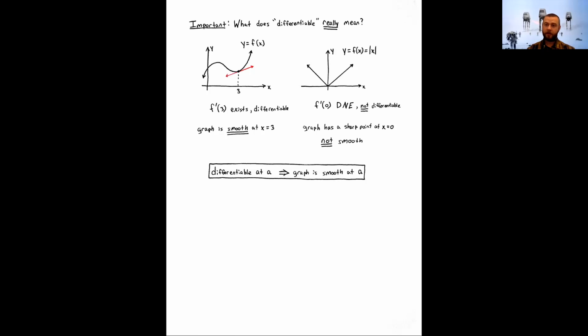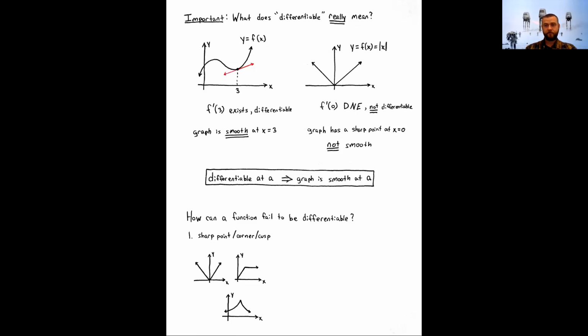All right. Now that we have a basic understanding of what differentiable means, a graph being smooth, a function could be not differentiable due to a sharp point. Let's take a look at the other simple ways a basic function could fail to be differentiable. The first way a function could fail to be differentiable is if the graph has a sharp point, like that of absolute value of x.